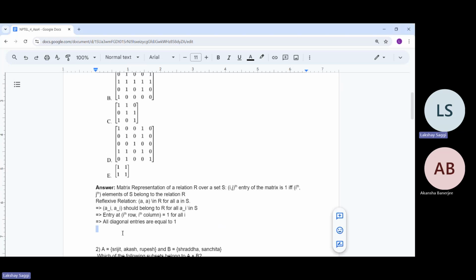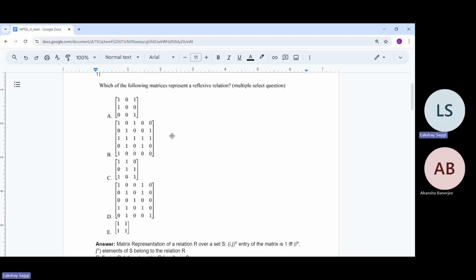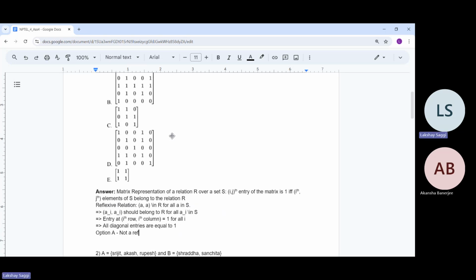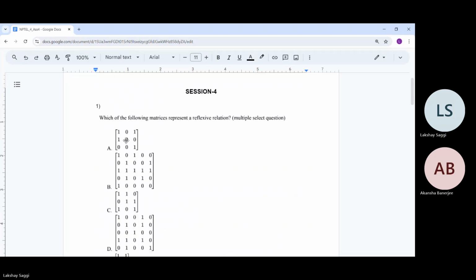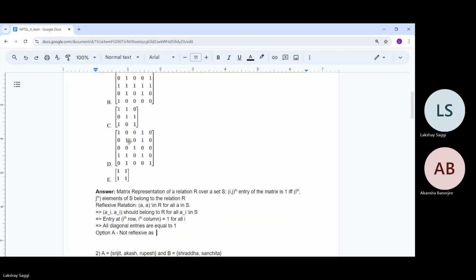Maybe I should just write down option by option. So let's just see option A. Option A does not denote a reflexive relation. Not reflexive, as the 2 comma 2 entry is 0.